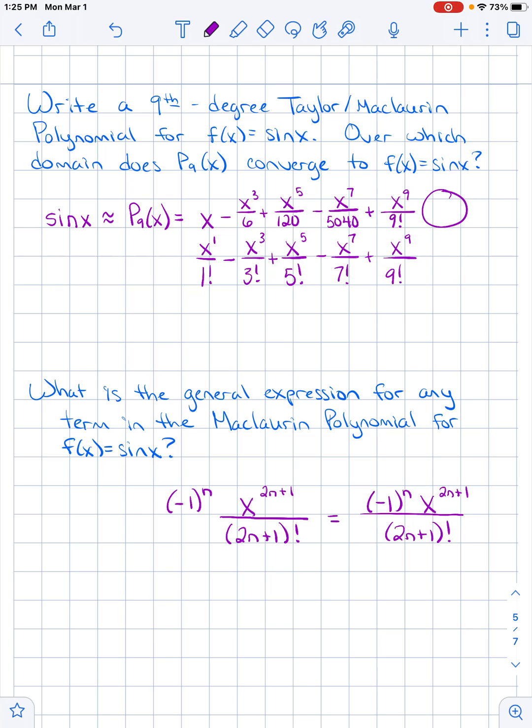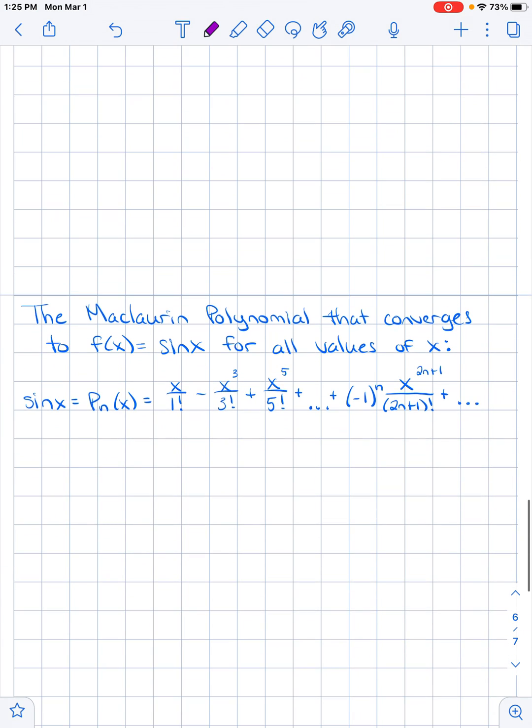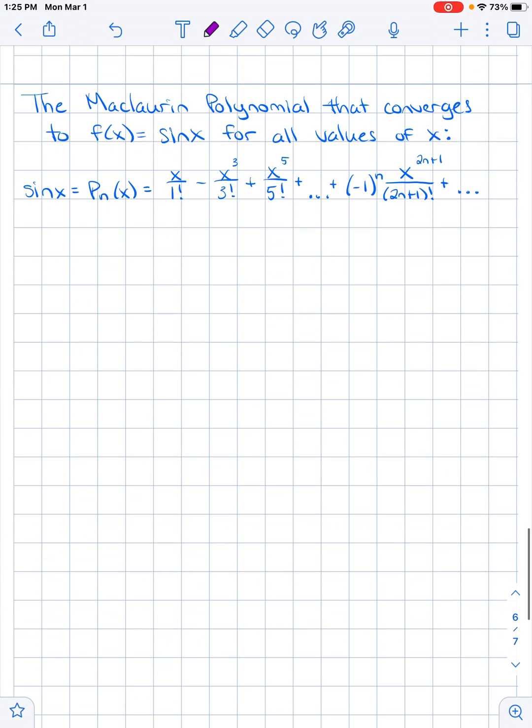All right, let's wrap this up then. This is something you're just going to have to know. This Maclaurin polynomial for sin x is something you have to have memorized. It's something you need to recognize at any moment in time. So here is the Maclaurin polynomial that converges to sin x, and we're saying equal to in this case.